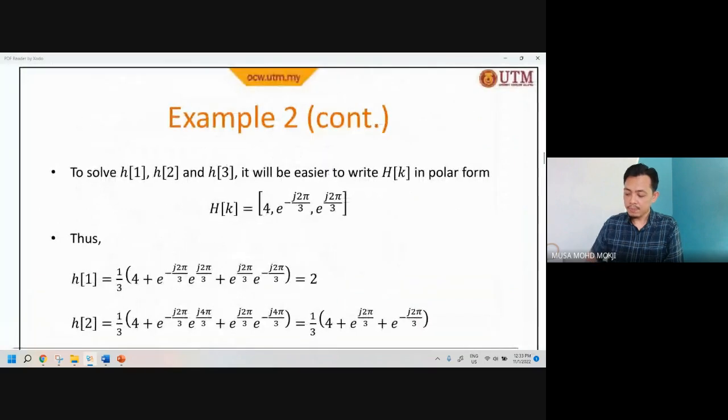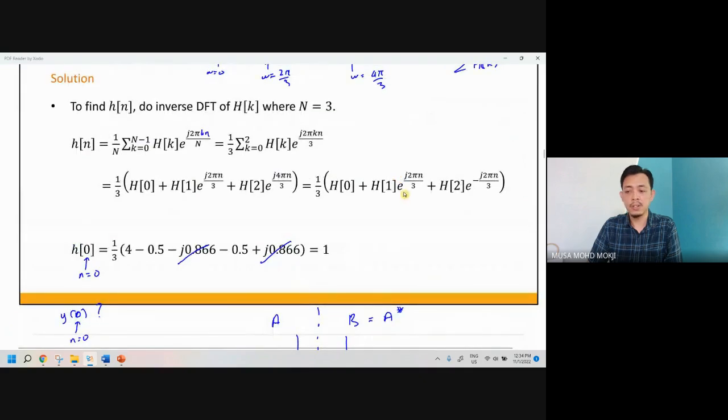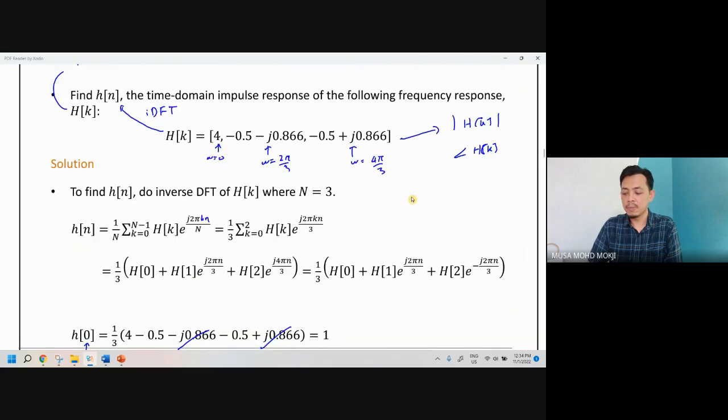Now to solve h1 and h2. So this is wrong, up to h2 only. To solve h1 and h2, it will be easier to write hk in polar form. Because we have this in exponent, multiplying exponents is easier than multiplying in coordinate form.